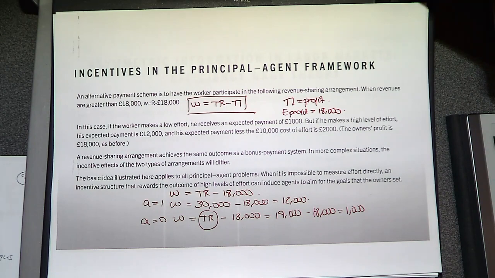Now this changes, of course, between firms and industries, okay? So it will not be the same in a shop. It will not be the same in the labor market either, okay?